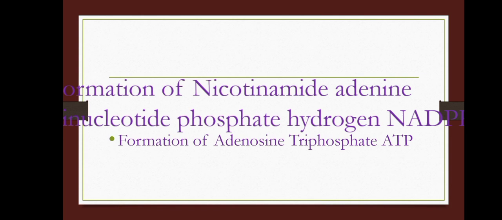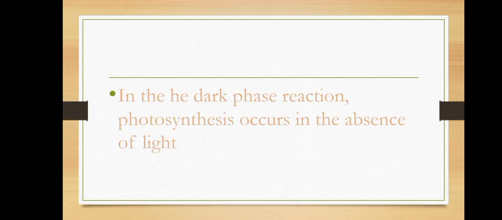From here, we will be moving straight to the dark phase reaction of photosynthesis, and this stage or reaction is also known as the Calvin cycle. It is called dark reaction because it does not require light energy.